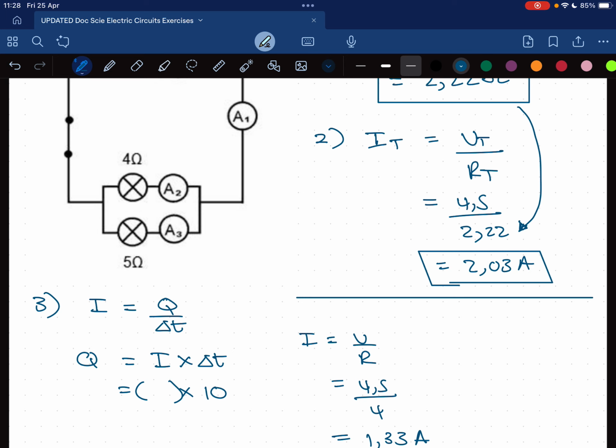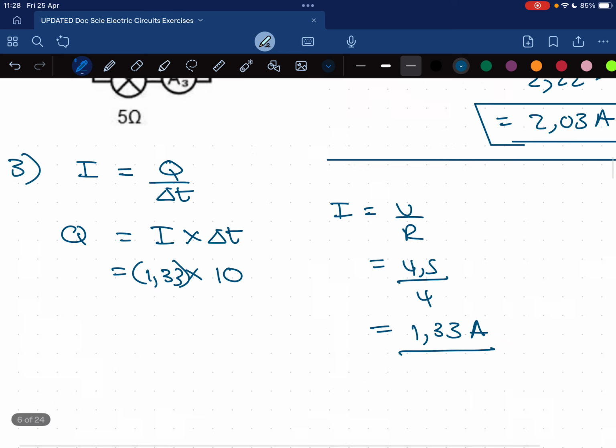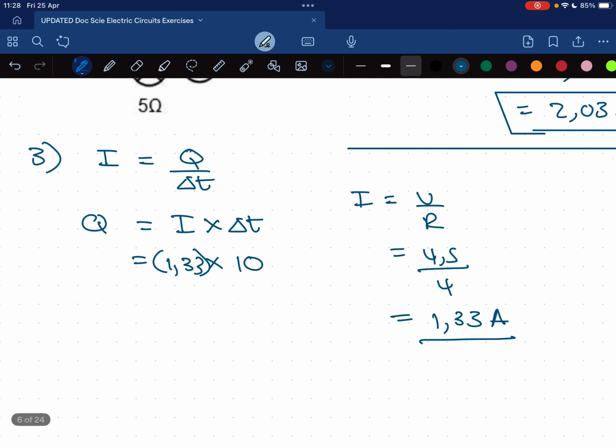Okay, so moving on. If you are going to now use this current, you're going to put it in the place that we found here, and you're going to say, well, 1.33 times 10 is going to give you an answer of 11.3 coulombs.